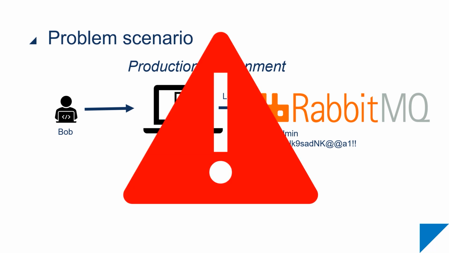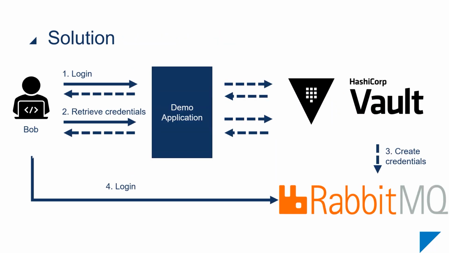Yes. So the solution, my demo application interacts with HashiCorp Vault, and Bob can log into the demo application. Is authenticated with Vault with these credentials. So I'm not using something like OpenID Connect where I can delegate the authentication, but which is also possible.